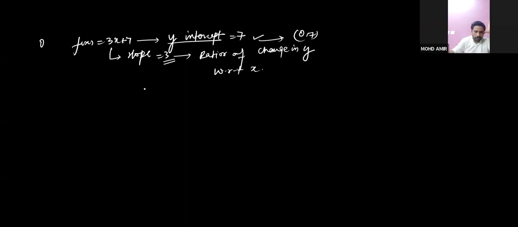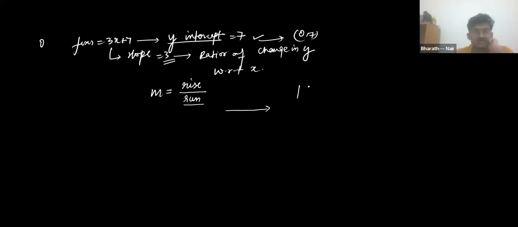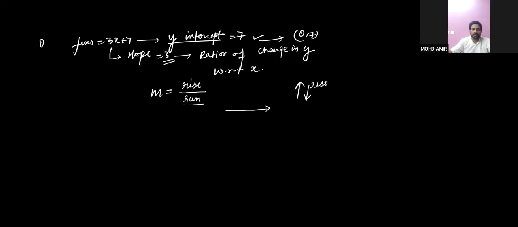Slope is denoted by m. We can say that it is a ratio of rise over run. When we change in x, we go in a horizontal line, that is called the run, and when we change in y, we go upward or downward, that is our vertical direction, that is our rise.